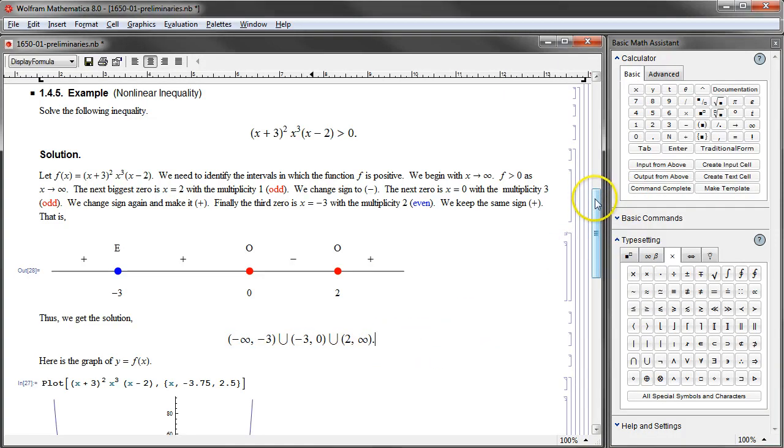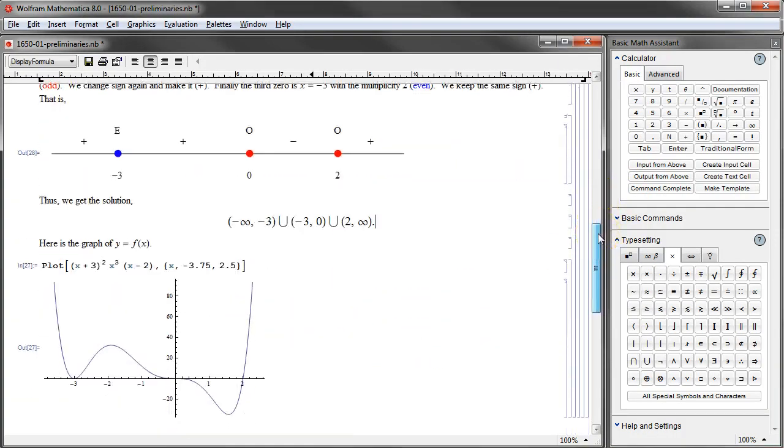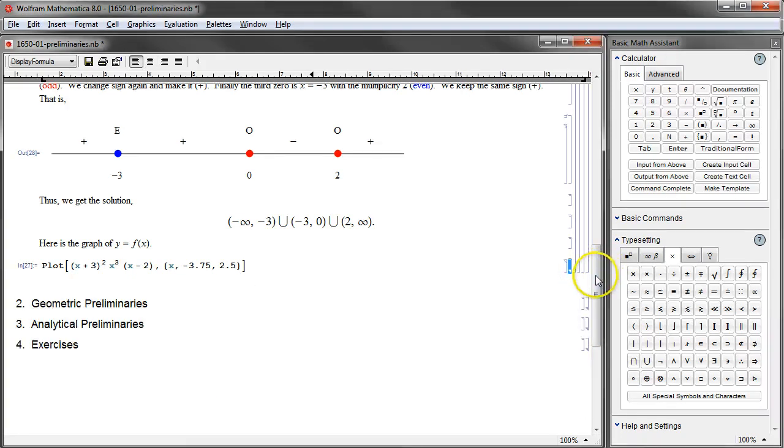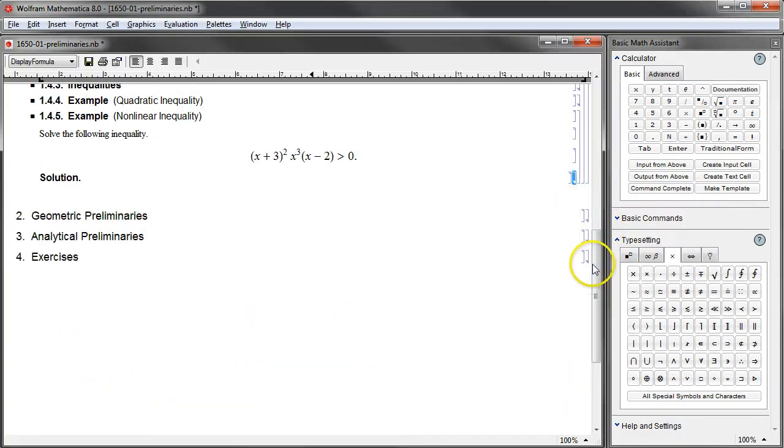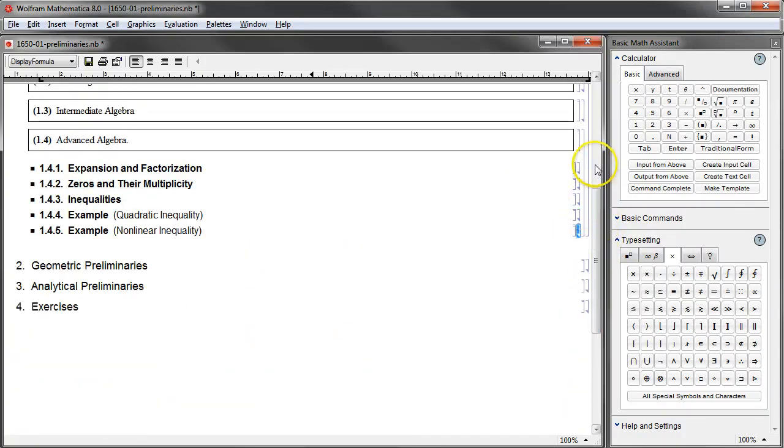By the way, here is a graph of that function, and in this case we can see when the graph is positive, or the y-coordinate is positive above the x-axis, or negative below the x-axis. But that was an exception, and the reason we could see this beautiful graph and easily answer the question is because this problem was exceptionally simple. The kind of problems that show up in the exercise set of this notebook will not be that simple.